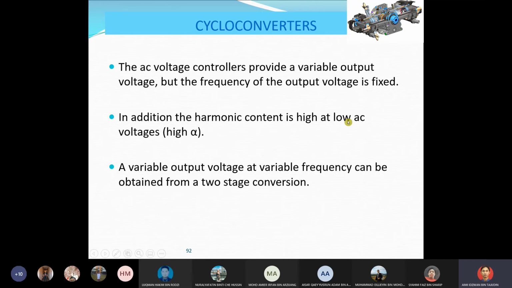So a variable output voltage at variable frequency can be obtained from a two-stage conversion. By combining the cycloconverter with the AC controller, we can also get different frequencies. But basically when we talk about AC regulator, it actually covers both. But in detail, it splits into a portion of AC regulator just for voltage, cyclo is for frequency.